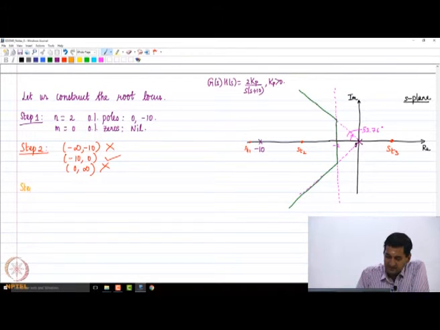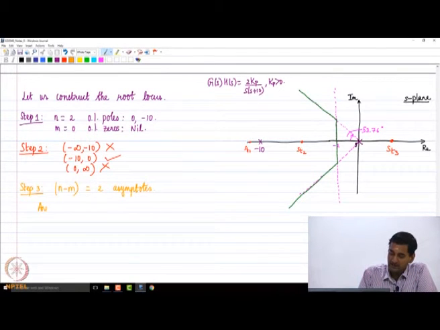So, what is step 3? Step 3 is essentially figuring out asymptotes. We are going to have n minus m, which is 2 here. So, there are going to be 2 asymptotes in this particular problem. The angle made by the asymptotes with the real axis is going to be plus or minus 180 degrees times 2k plus 1 divided by n minus m.